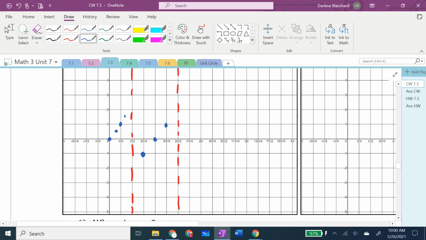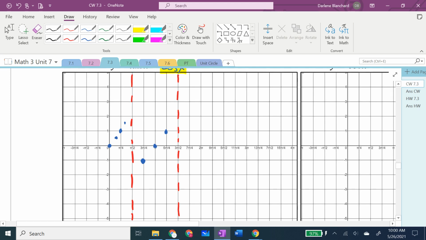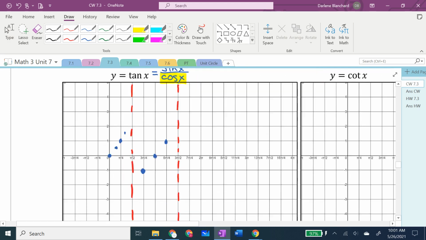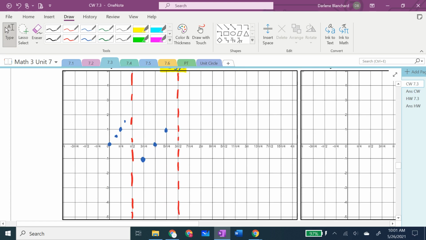If I add some of those points in this next section, then what I'm going to find is that I have some additional points, and I'm going to throw those in there.